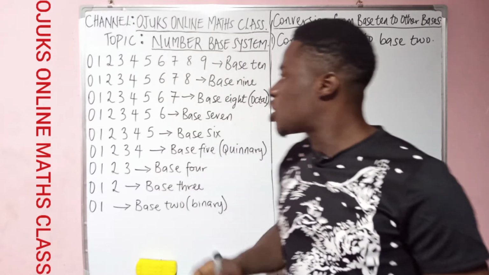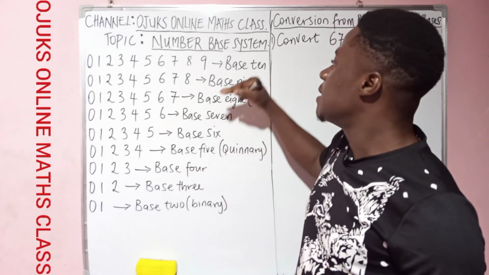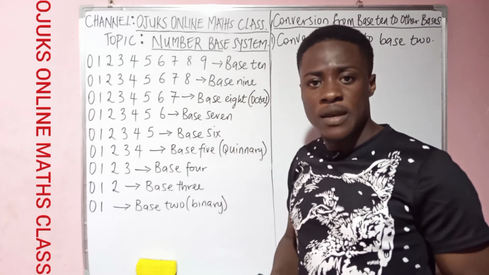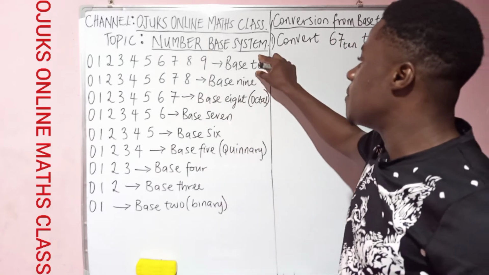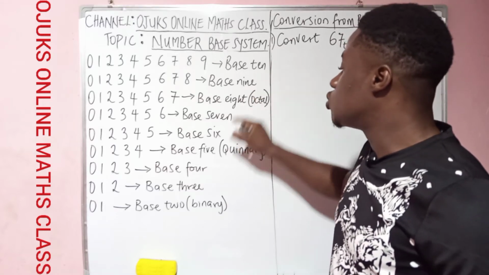Okay, having known the concept of number bases, can we now convert numbers from one base to another? Yes, we can convert a number from base 10 to base 9. We can convert a number from base 9 to base 5.